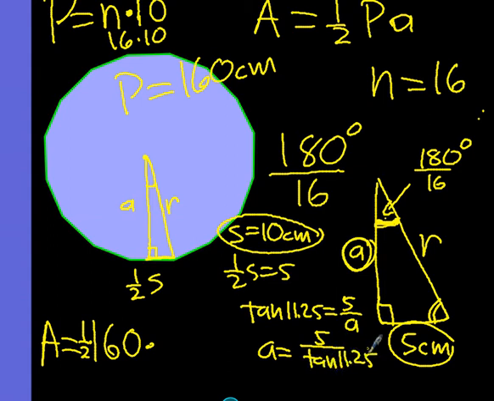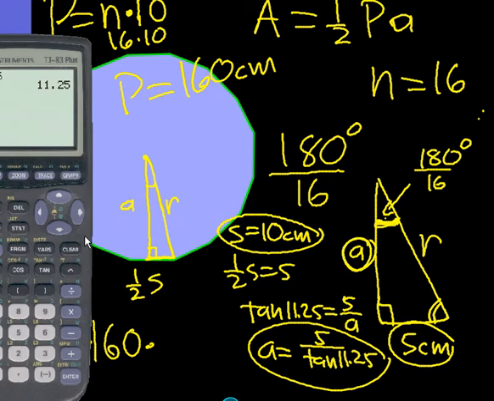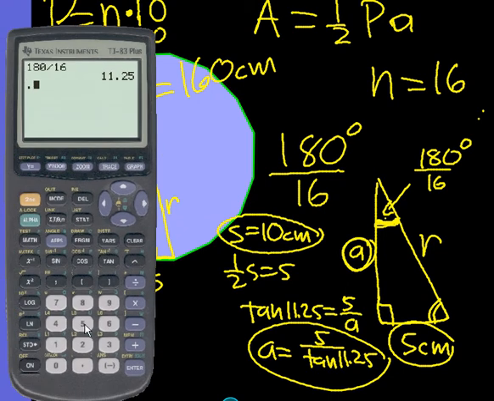And so that's what I'm going to use in my calculator, along with the 1/2 and 160. I tend to just go ahead and type things in. Sometimes I factor and say, well, that's 80, that's fine, but 0.5 times 160 times, and now I'm going to use a parenthesis, 5 divided by tangent of 11.25, close parentheses.